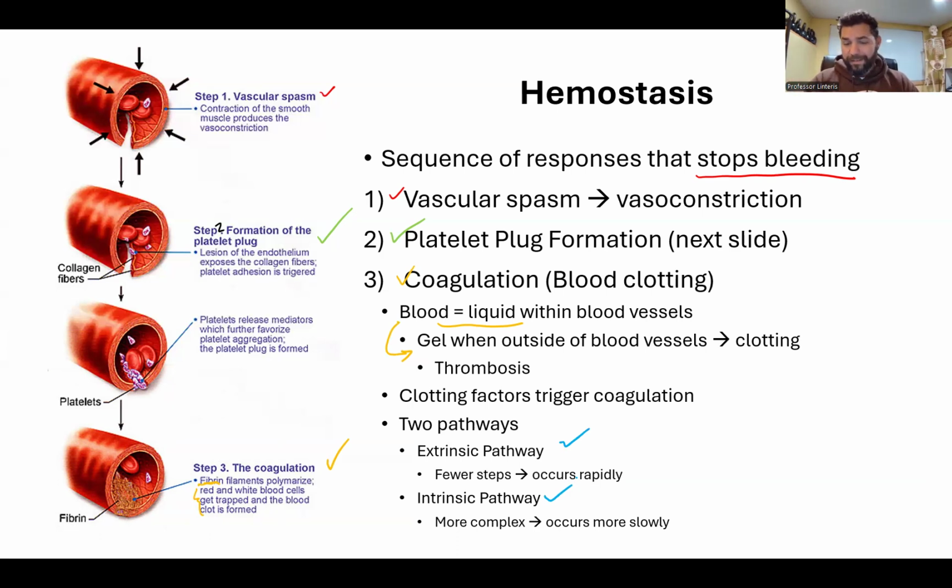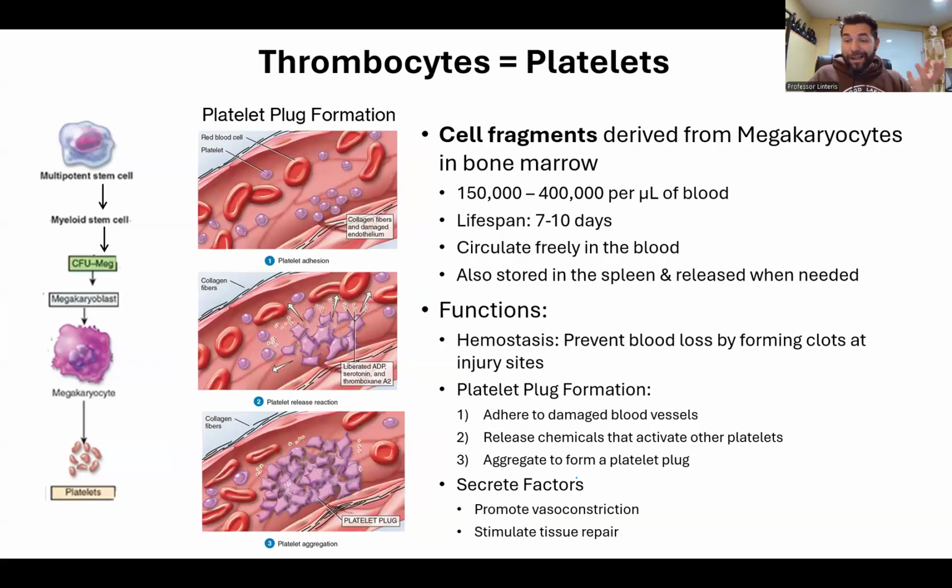That's what extrinsic means. And then there's an intrinsic pathway, which is slower, more complicated because you really want to make sure that you're not accidentally clotting blood all the time. So there's a lot of checks and balances as we go through here, to make sure you don't accidentally clot blood, because that would be really bad.